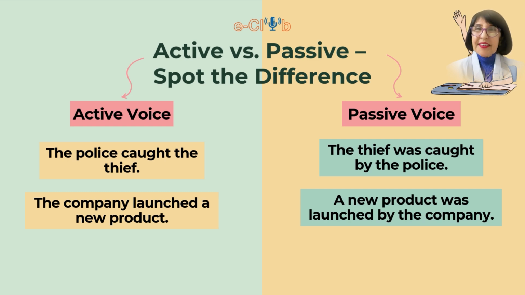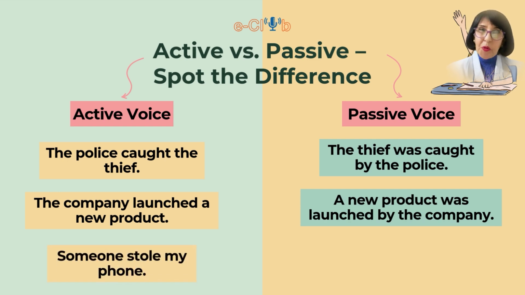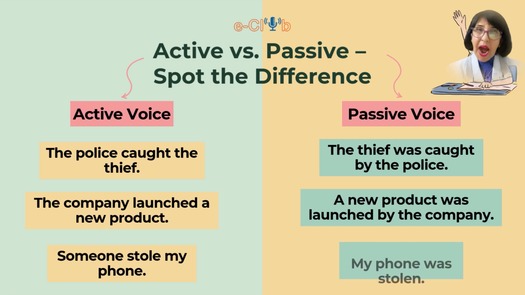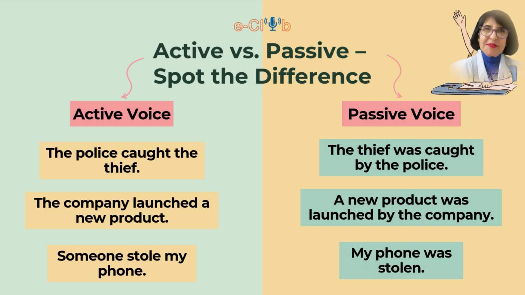Passive voice. Someone stole my phone. My phone was stolen. Passive voice. Now in each case, the meaning remains the same, but the focus changes. Active voice emphasizes who did it, while passive voice emphasizes what happened.